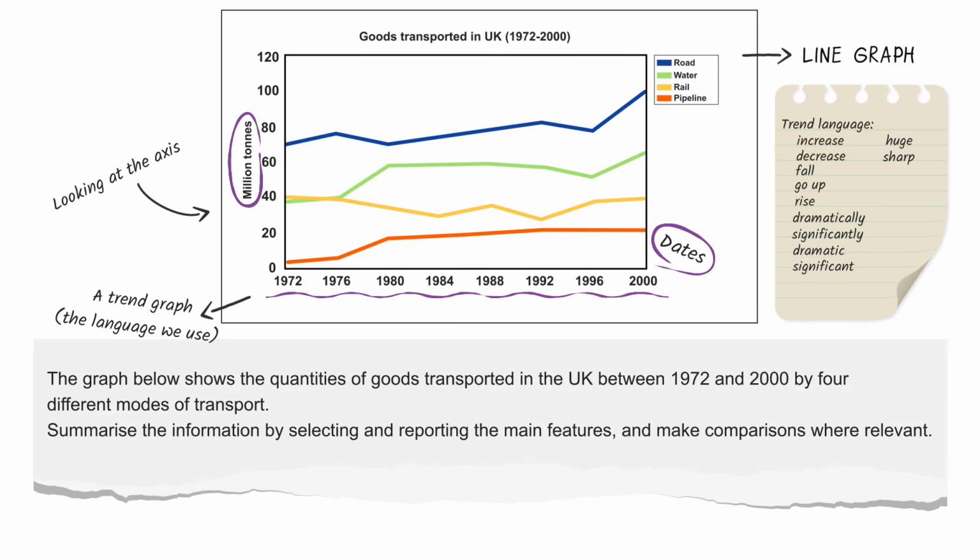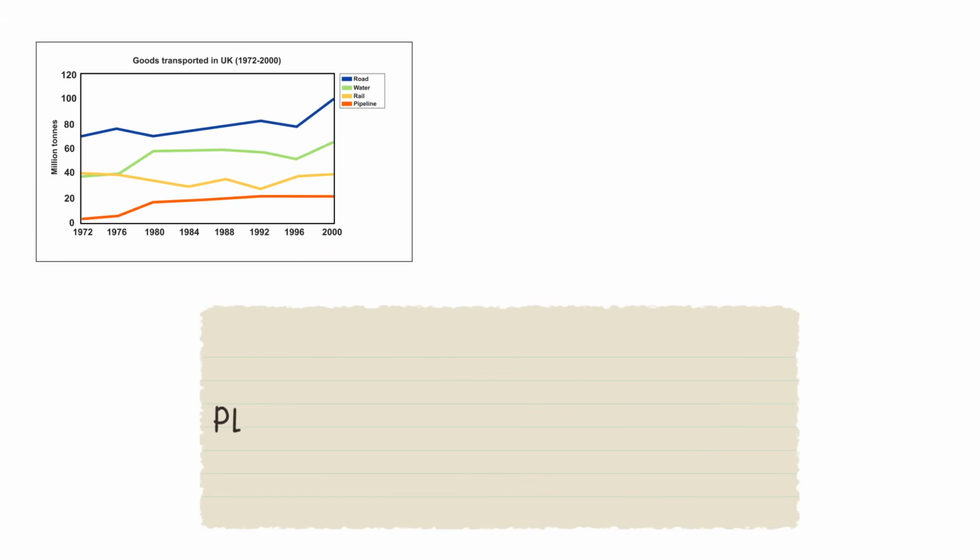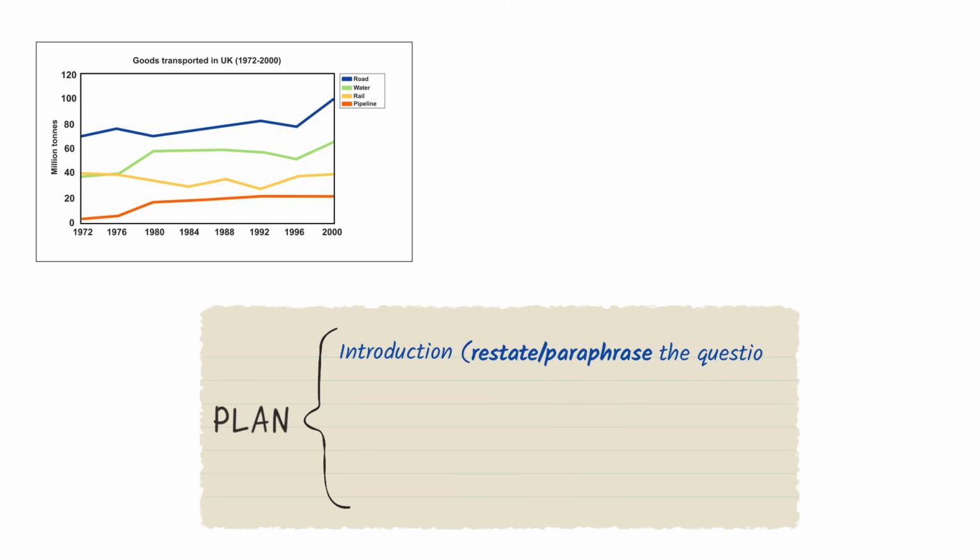Right, now let's start writing our planning. So in our planning, we should write the number of paragraphs. So our first paragraph is the introduction. So what we basically do in writing our introduction is we restate or paraphrase the question, right? This is our first paragraph.